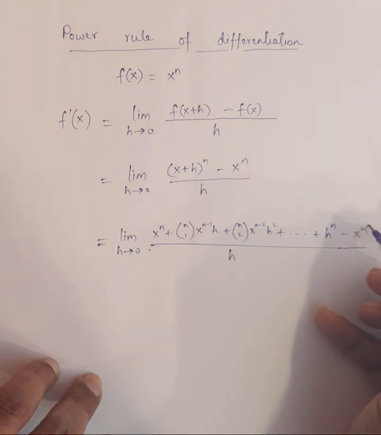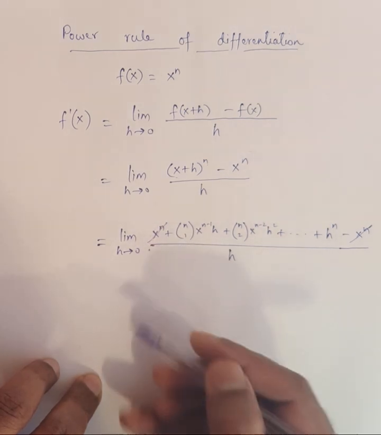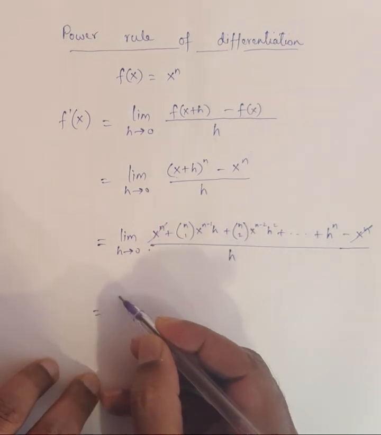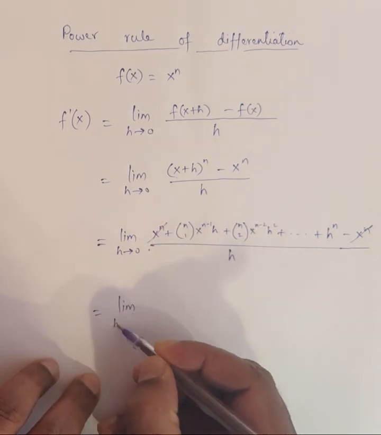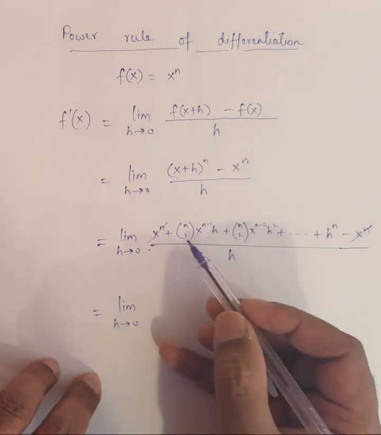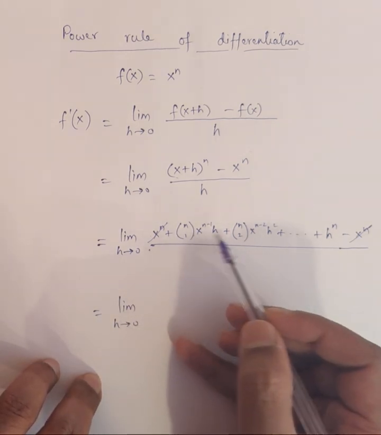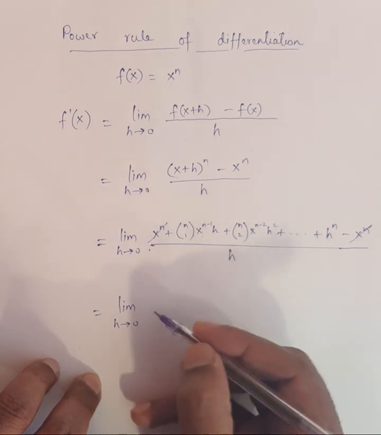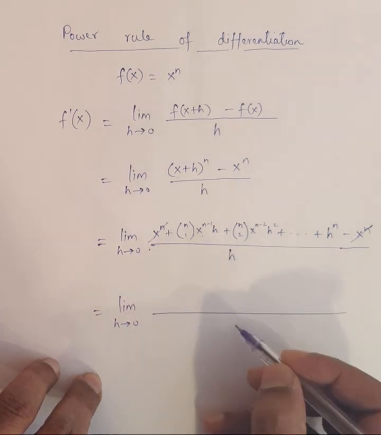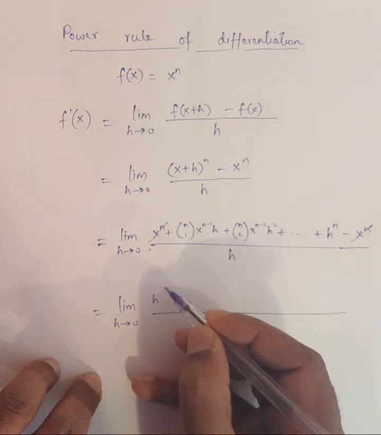So the first and last terms cancel each other out, and what happens is every term has h in it. So we can factor an h from each of those terms.